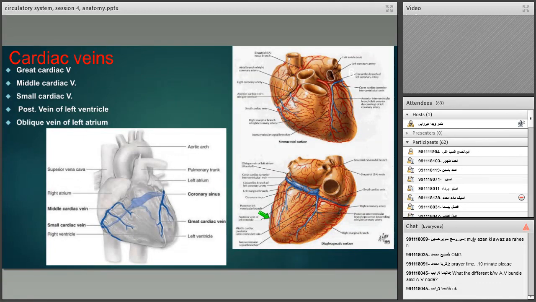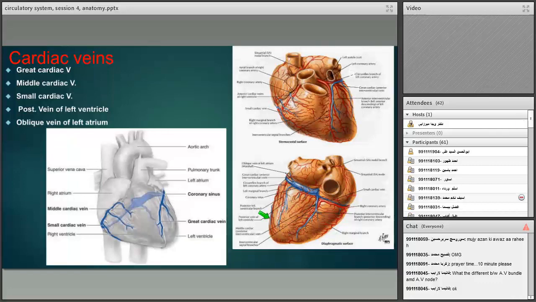Now, if we see the cardiac veins, we can say in slide number 6 that the cardiac veins are accompanying the cardiac arteries, the coronary arteries, but they have different names, okay? They have just different names.